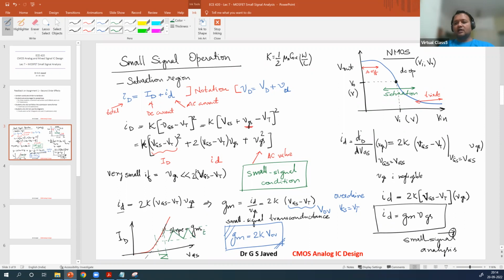So this will be ID, this will be VGS. This is the ID VGS curve. This is very similar to the diode knee voltage and the current flowing through the diode. You will see something similar for the transistor also. That will be the starting point of the small signal voltage.